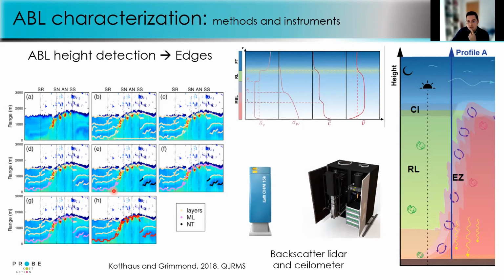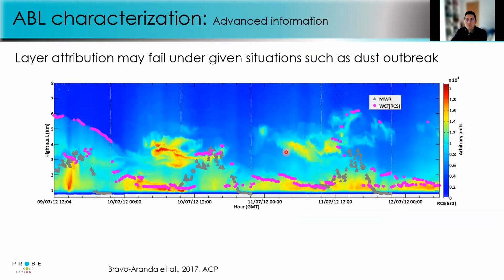For example, this one is an artifact caused by the instrument, so it's removed in this step. Applying different conditions, we then obtain the final ABL height evolution.